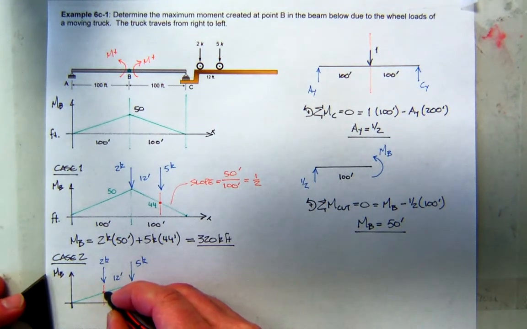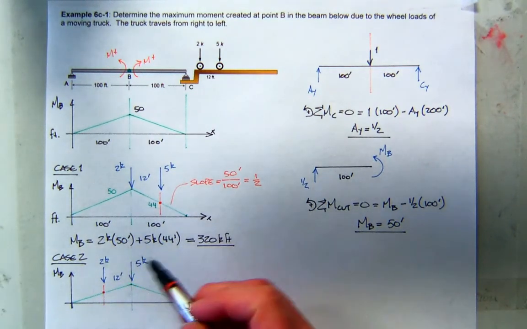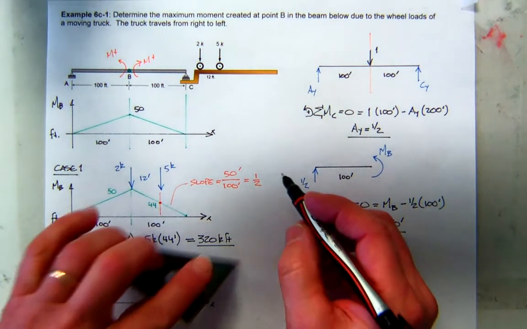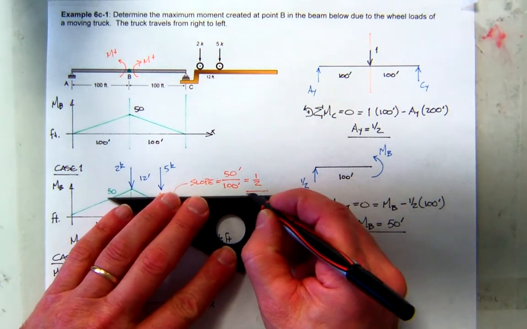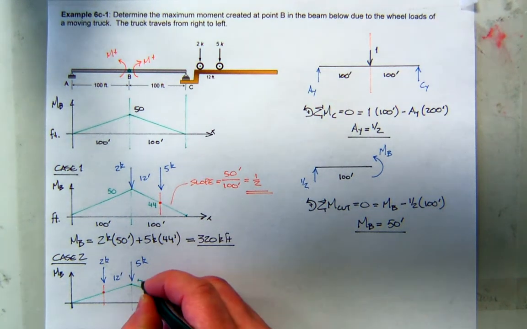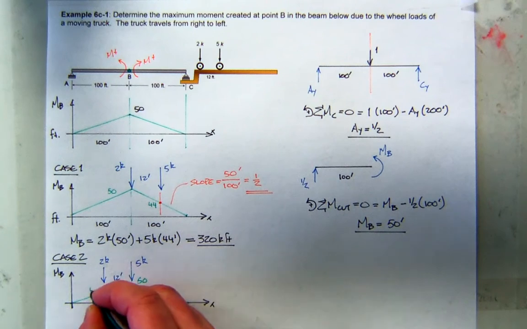What's that value? Well, in this particular problem, you can see the slope on the left side and the slope on the right side are the same, right? So I still got a slope of a half. If I move 12 feet, that means I'm going to drop 6. So this is still going to be 44. So the top is 50, and this bottom will be 44.